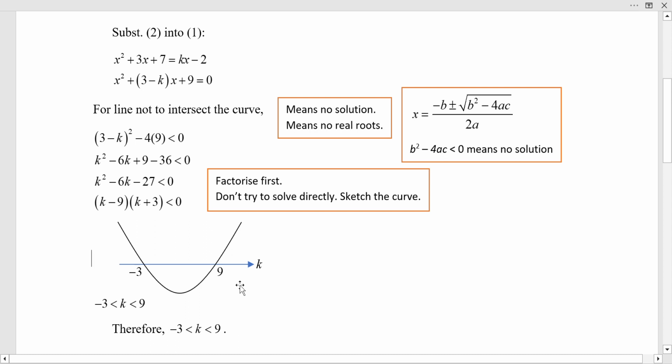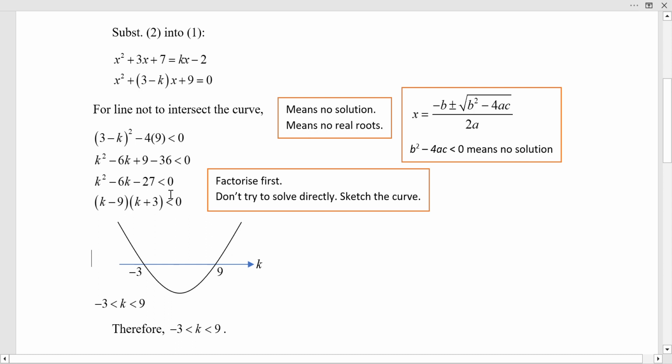But if you sub a value of k that is outside the range, for instance, k is 10, you should get a positive value. When you sub k is 10, here you get 100, here you get minus 60. So 100 minus 60, you get 40. 40 minus 27, you get positive 13, which is greater than 0, but you do not want it.